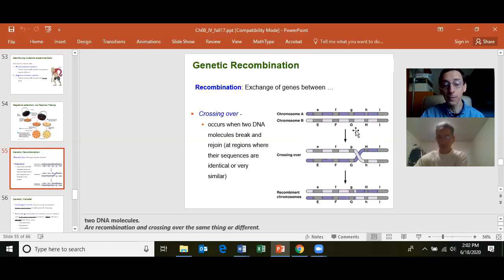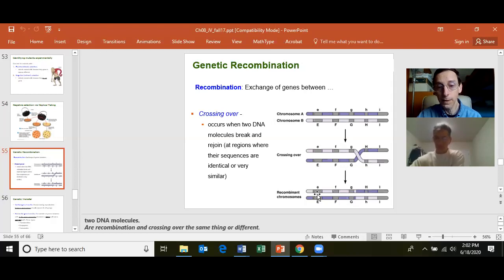The two chromosomes can come together and then cross over, and then they break in the crossover, and then this region of that chromosome is added to this chromosome, and that region of this chromosome is added to this chromosome, so that we reassort the genes on the two chromosomes.